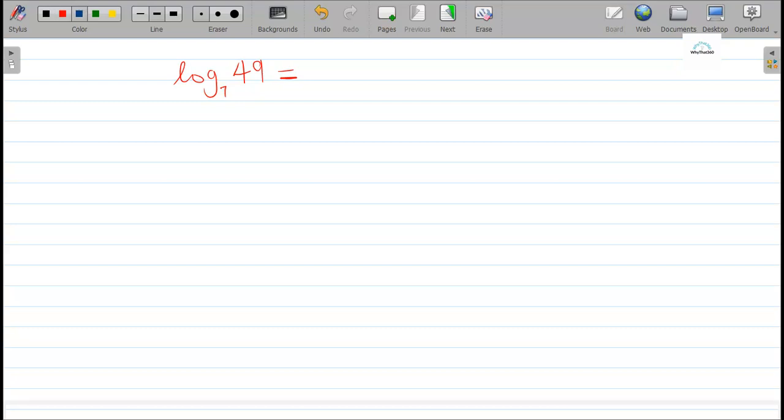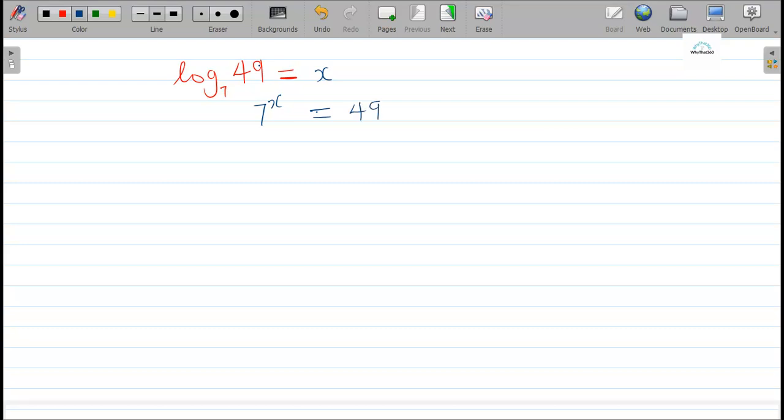Here we say 7 raised to the power of what will give us 49. That is the exponent, so let the exponent be x. So 7 to the power x is equal to 49.